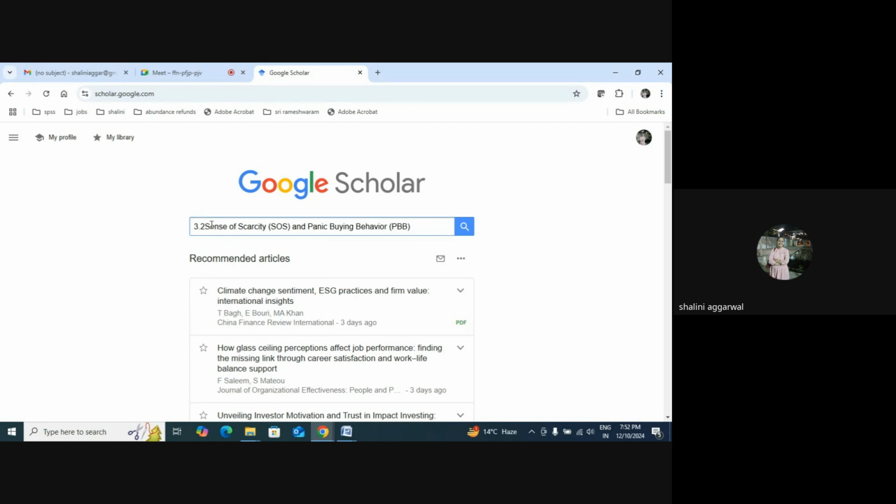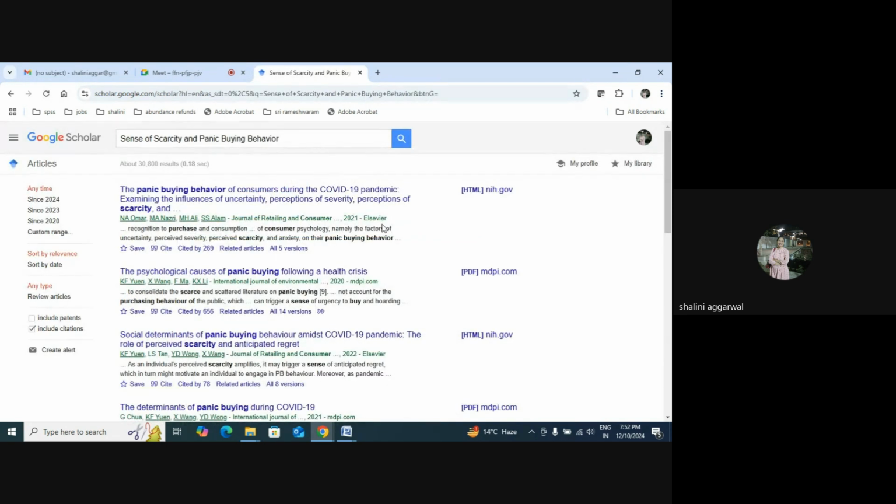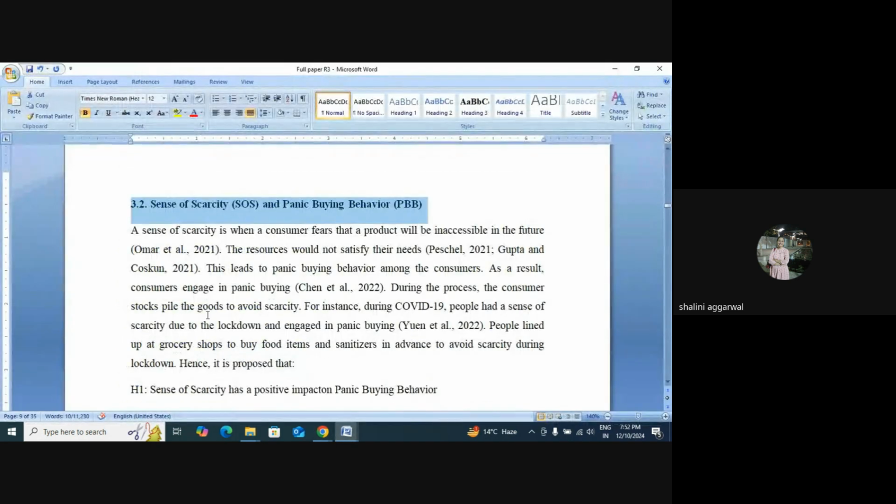यहाँ से ही हटा देते हैं, and ये भी sense of scarcity, ये भी हटा दो, and then enter, right? Now you will see you have got many papers that have these two keywords, sense of scarcity and panic buying behavior. यहाँ से आपको इन पेपर्स के थ्रू इसका review of literature लिखना है, hypothesis. फिर आपने यहाँ पे propose करना है.